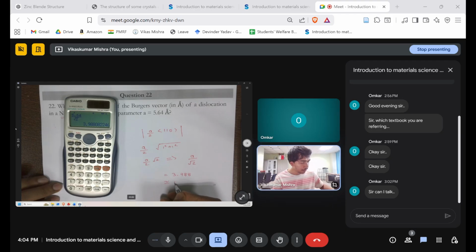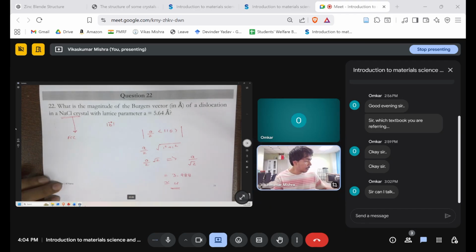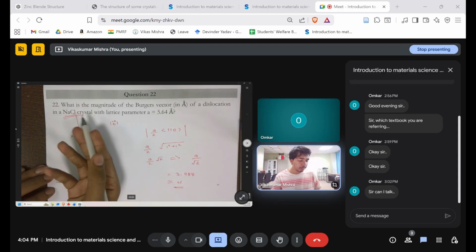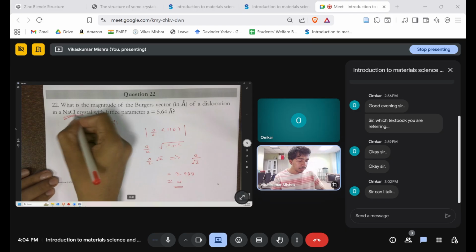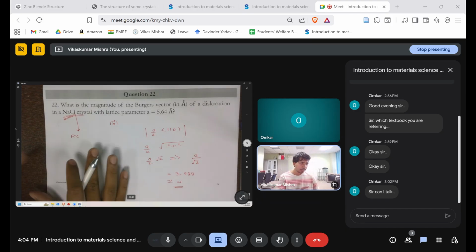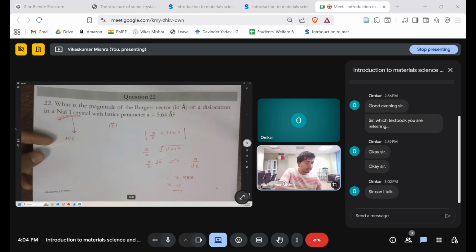Approximately it is 4. Okay, so with that we have solved this for NaCl also. One can just change this particular NaCl: they can write KCl, or they can write MgO. So these are the changes they can make.